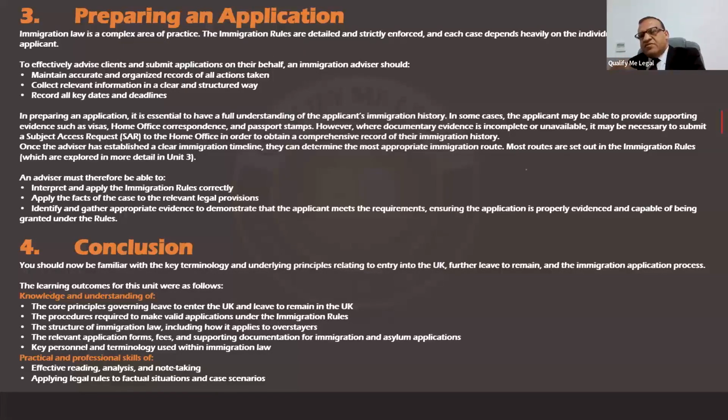If that advisor wanted to represent the case before the tribunal or wanted to do appeals, then he or she has to enhance his or her qualification, because the qualification was limited up to level one.